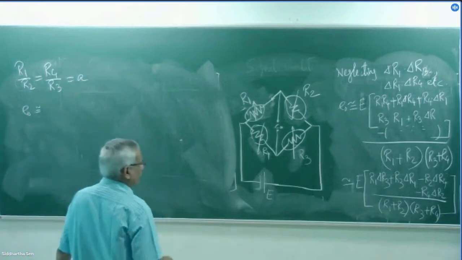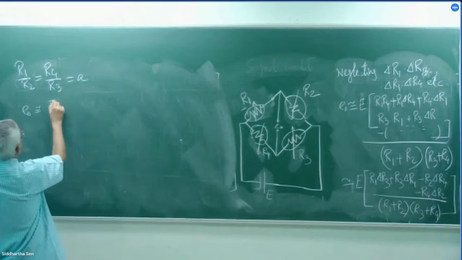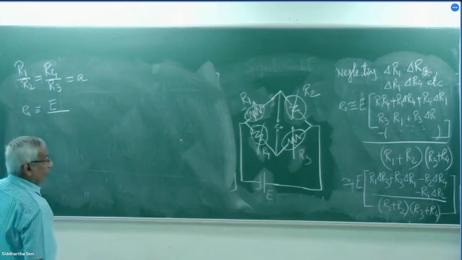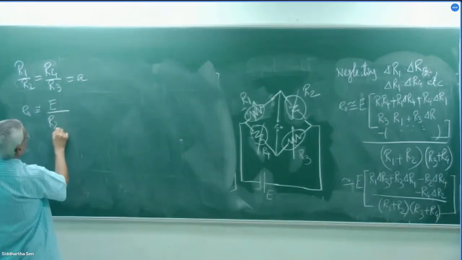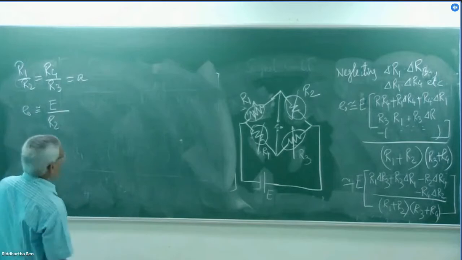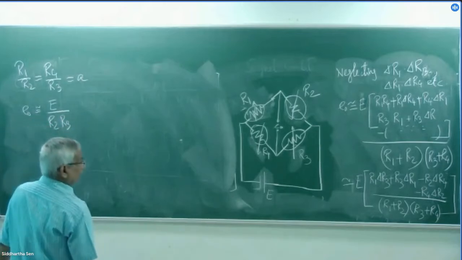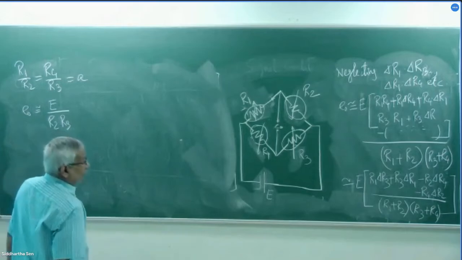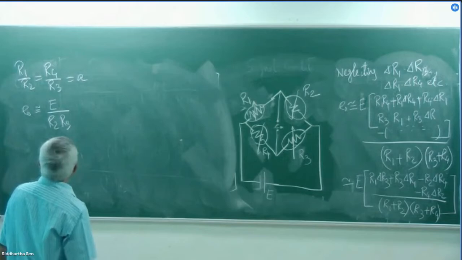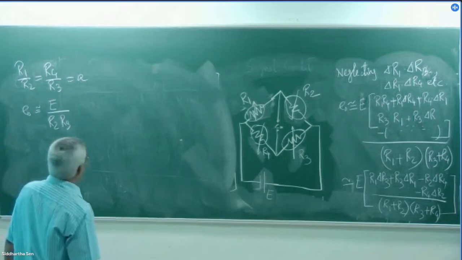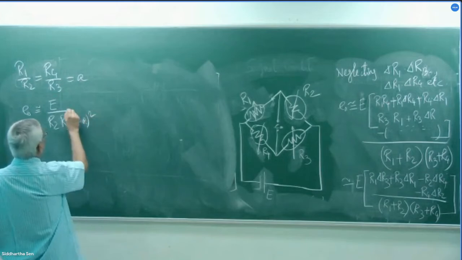Like this, if I take out E divided by, I can take out R2 and I can take out R3. So what remains? 1 plus R1 by R2, which is A, and 1 plus R4 by R3, which is again A. So it is 1 plus A whole square.